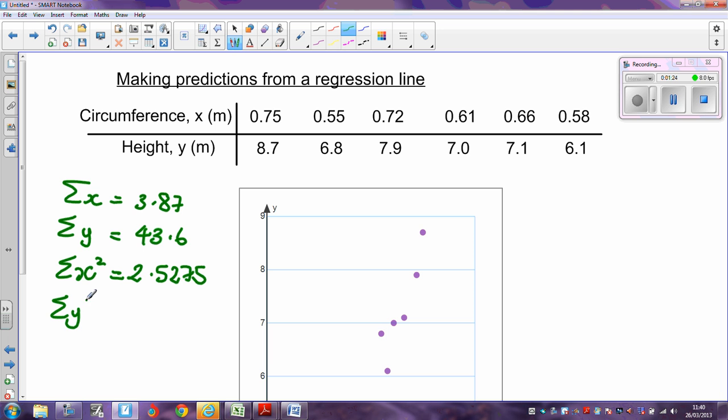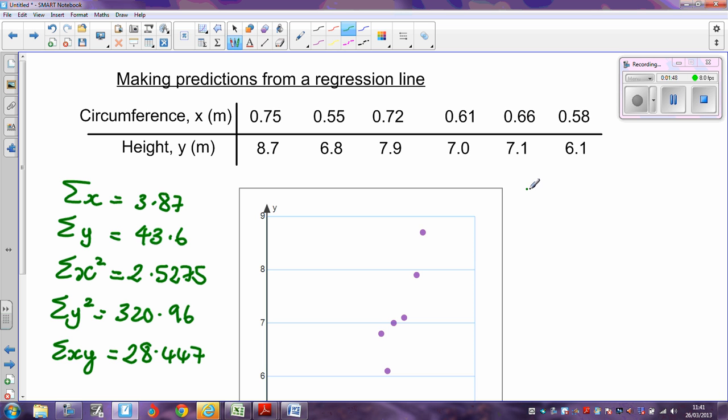Sigma y squared, I don't think I actually need that, but I'll write it down anyway, is 320.96. And sigma xy is equal to 28.447. You can check this yourself on your calculator to make sure that you know what you're doing.